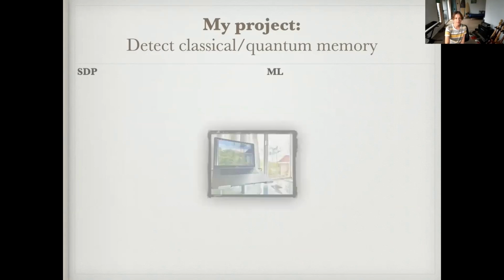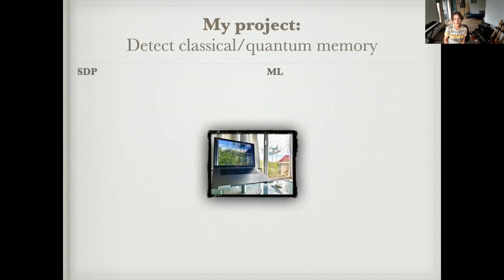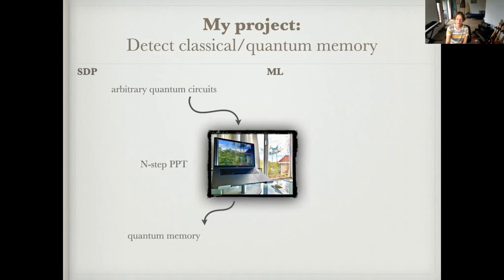So through STP, I just want to have a software that, so this is my computer. So I just want to input to the software an arbitrary quantum circuit, and I wanted to use the n-step PPT criterion, and I wanted to detect whether there is a quantum memory. So first I will do that. However, this has limitations depending on the memory of your computer.